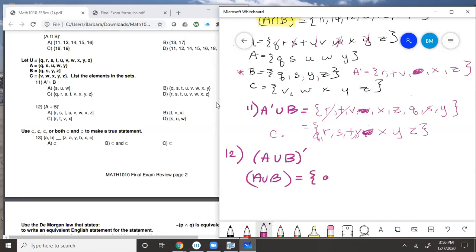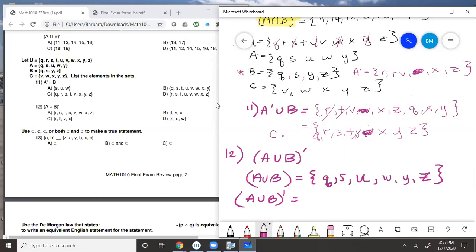Let's put this in order: Q, S, U, W, Y, and Z. The complement of that is everything in the universal set that's not these letters.